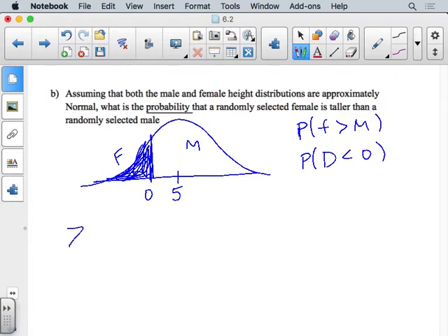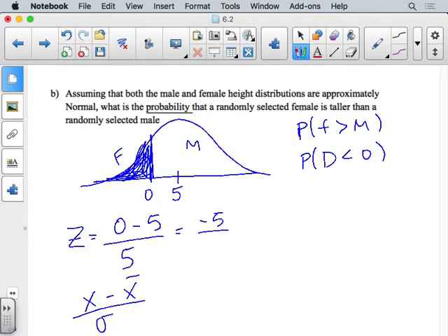You could get the Z score, which is your event minus the mean, divided by standard deviation. So -5 divided by 5 is -1, so you are -1 standard deviations away.